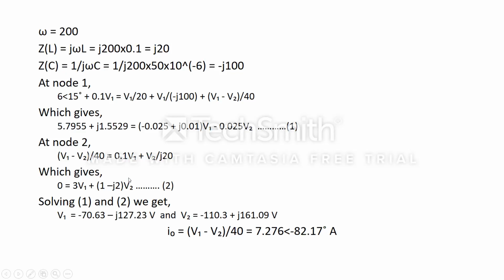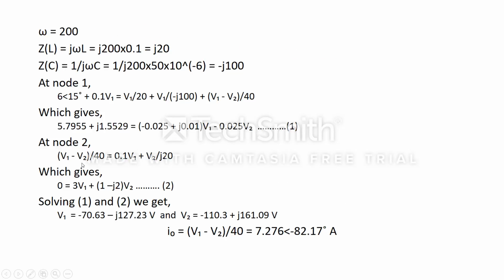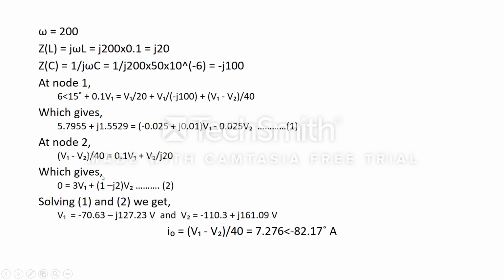Then back to the circuit, we also have a new node over here, that is V2, which has a potential V2, and we can also solve it as V1 minus V2 by 40, or the potential difference across these two nodes by the resistance across it, equals 0.1 V1 plus V2 by j20.